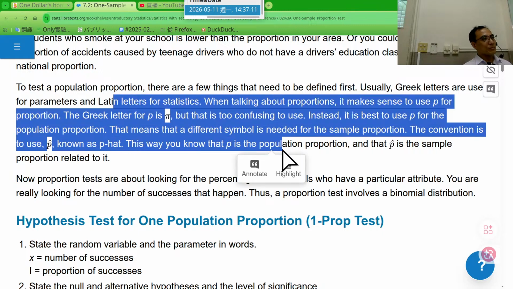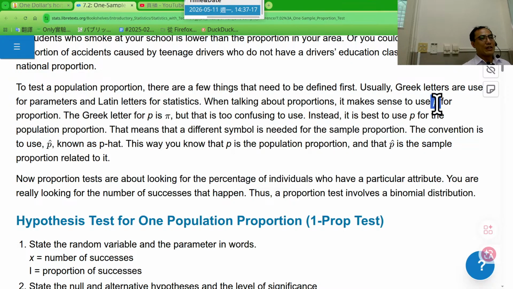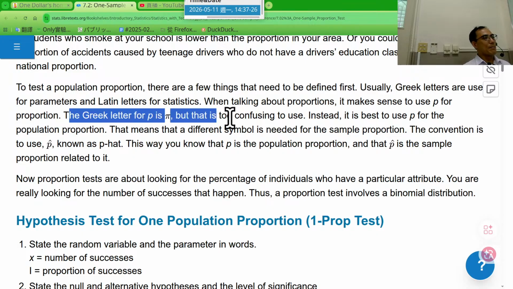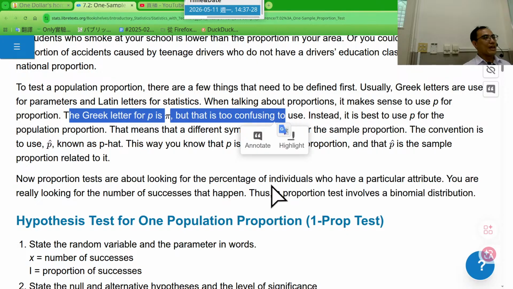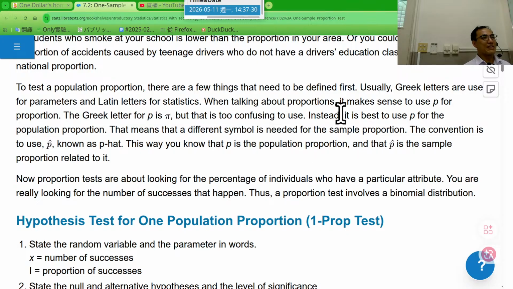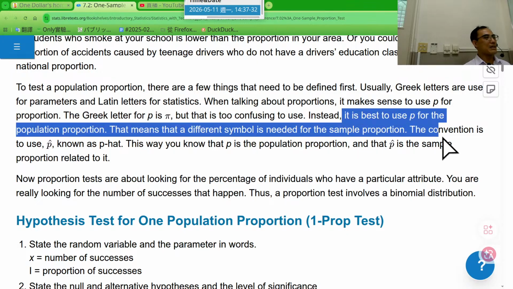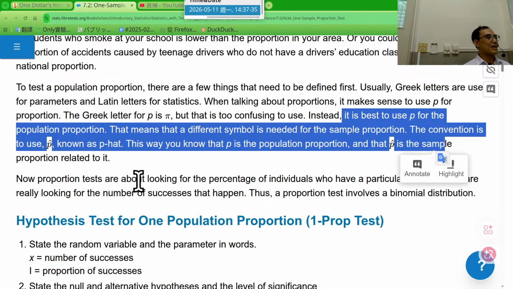While talking about proportions, it makes sense to use p, the lowercase italic p, for proportion. The Greek letter for p is pi, but it's too confusing to use. Instead, it's better to use p for the population proportion.